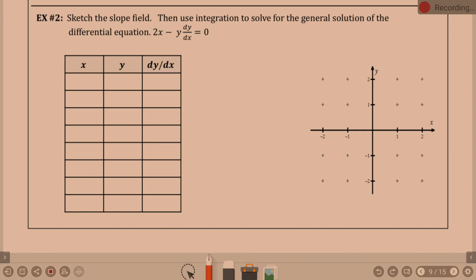So if I solve this for dy/dx, if we keep 2x there, add y dy/dx over, and then divide by y. That means that dy/dx is going to be 2x divided by y.